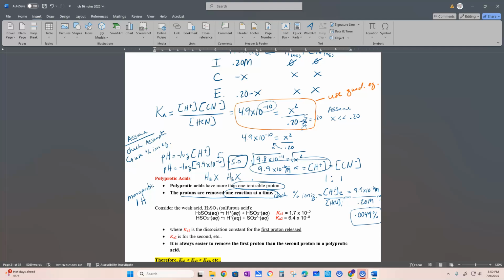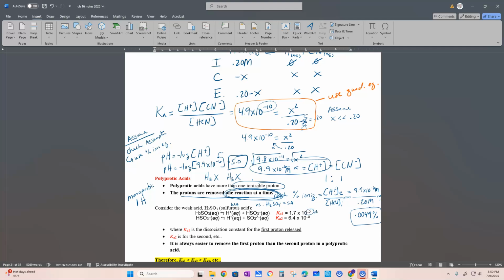So take this acid, and I don't want you to think this is a strong acid. This is sulfurous acid. Sulfuric acid is a strong acid. So sulfurous acid, H2SO3, I took one hydrogen, because this is the key part: you can only take a proton one at a time. I'm still going to be left with a hydrogen, but notice my Ka value, 1.7 times 10 to the negative 2.